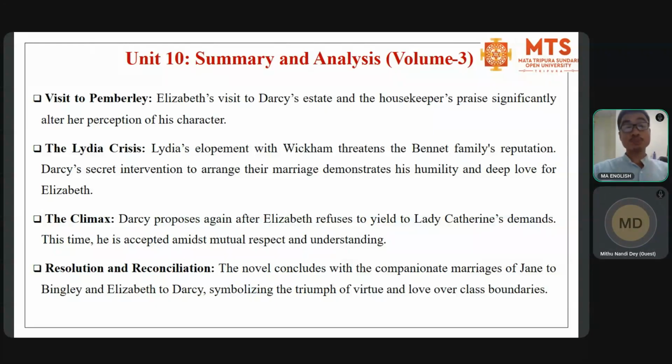And this generosity shown by Mr. Darcy ultimately creates a good impression about him on Elizabeth, and subsequently Mr. Darcy proposes to Elizabeth, and they decide to get engaged. So this is how the novel ends.